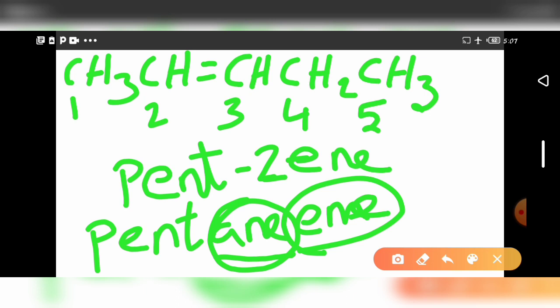The carbon chain is numbered in such a way that the multiple bonds have the lowest possible locant number. So you do not come from here. If you come from right to left, this carbon is first carbon, this carbon is second carbon and this carbon is third carbon. So here it changes to 3, but you do not write like that. From the first value only you have to write; pent-2-ene is the correct format for this alkene.